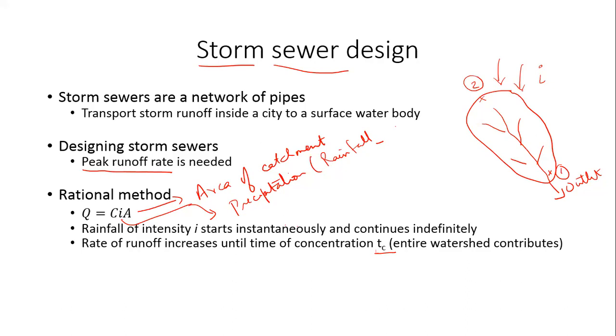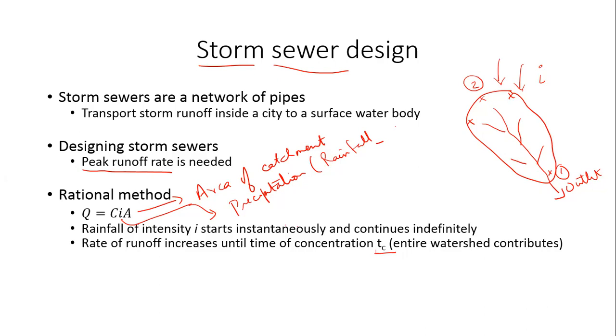It is the point in the catchment which is the farthest distance away from the outlet. I've just drawn it at the diagonally outermost location. It could also be here or here. I'm just drawing it as the farthest point in the catchment, the point that is farthest away from the outlet.